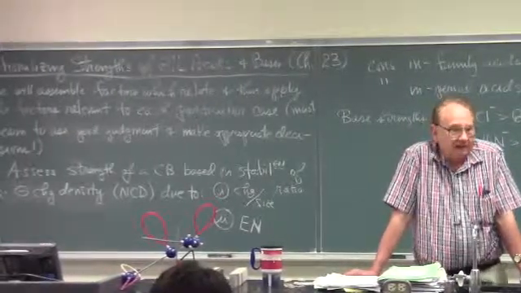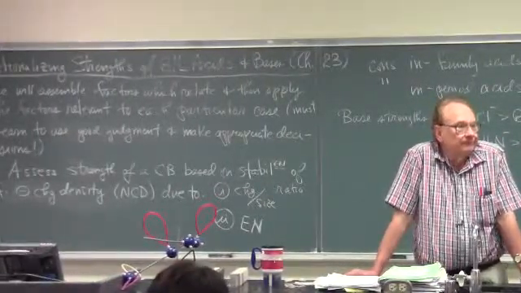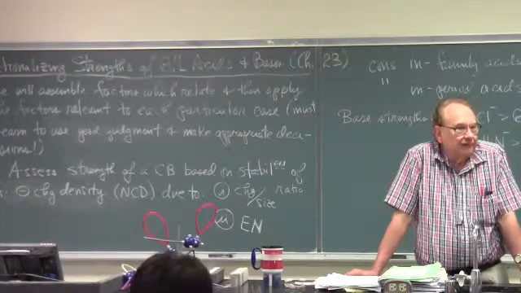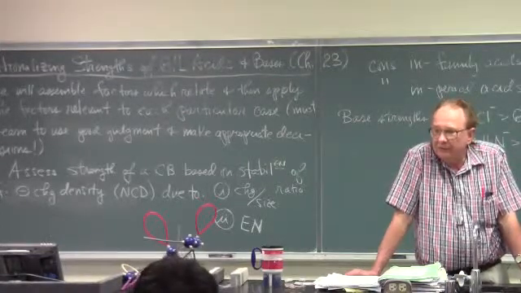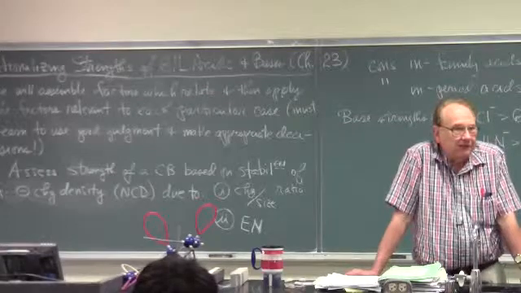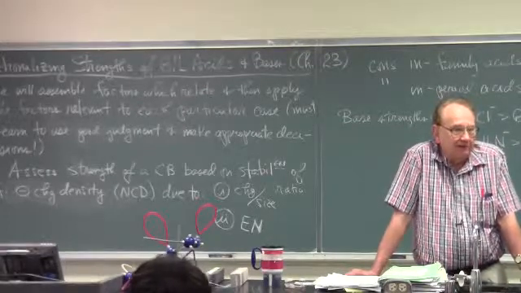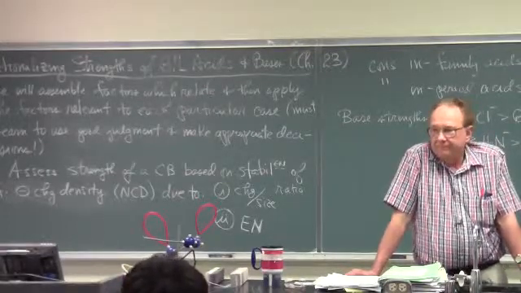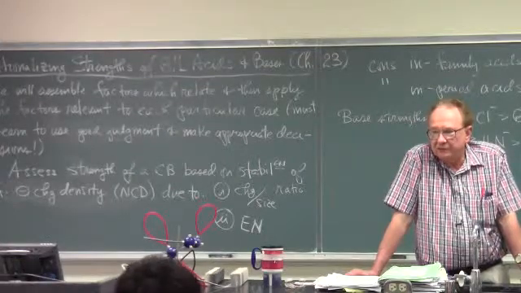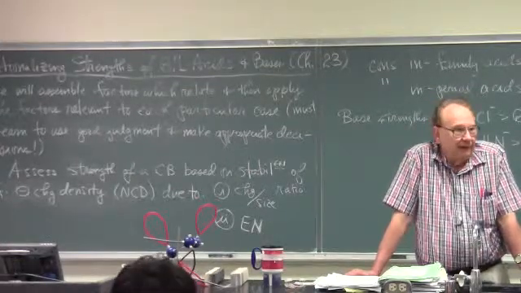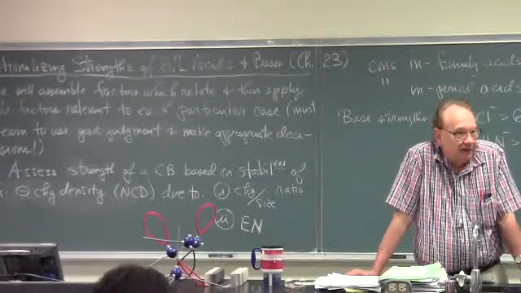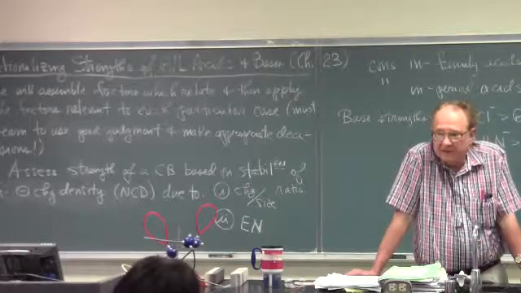Because as we recognize from conjugate theory, when you know the strength of a Bronsted base, you now know the strength, relatively speaking, of its corresponding conjugate acid. So if we can distinguish between the strengths of two bases, we immediately then have distinguished between the strengths of the corresponding conjugate acids.